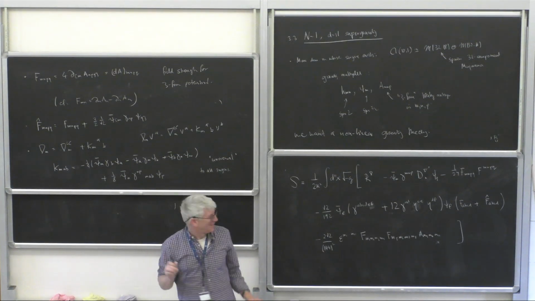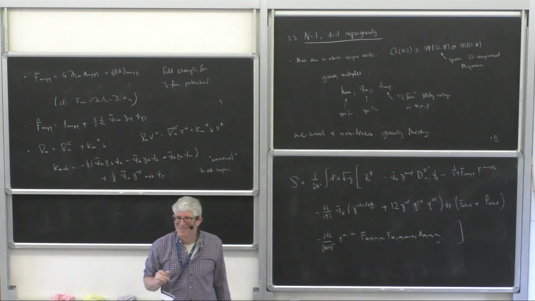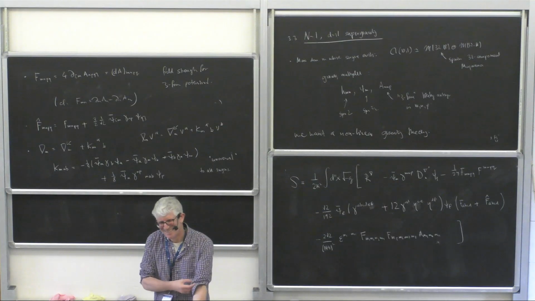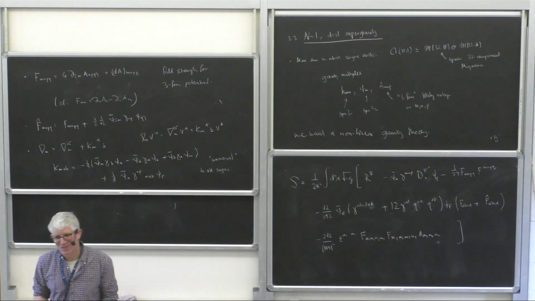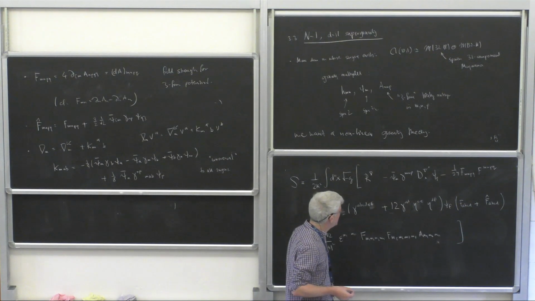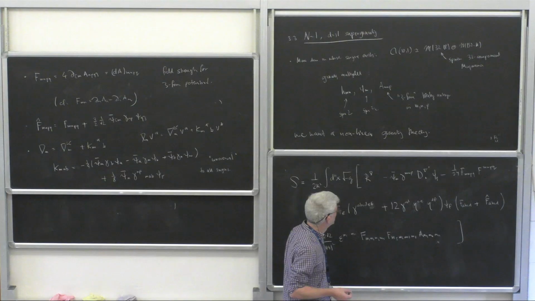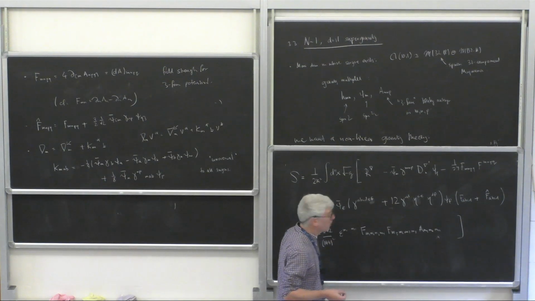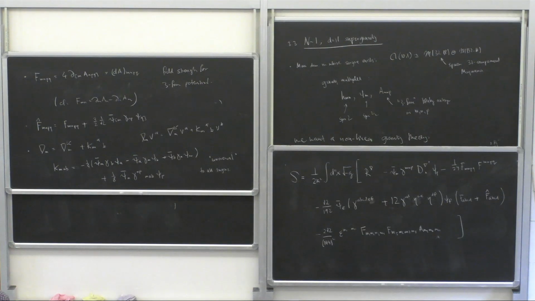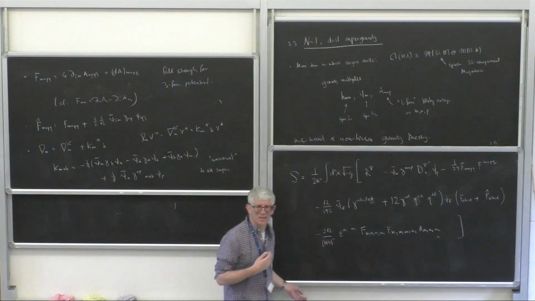Is there an example of a solution to this action? Flat space. With the fermionic part turned on? Yeah, there are. It depends how complicated you want to get. I can do simple things, like a wave of gravitinos in flat space. That would also be a solution, if I choose the polarizations correctly.